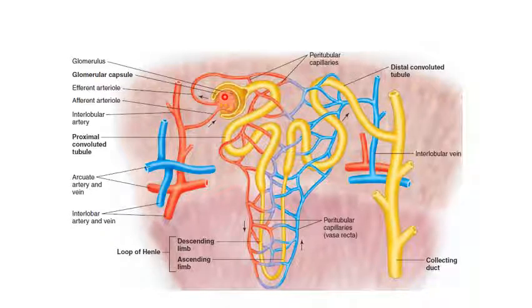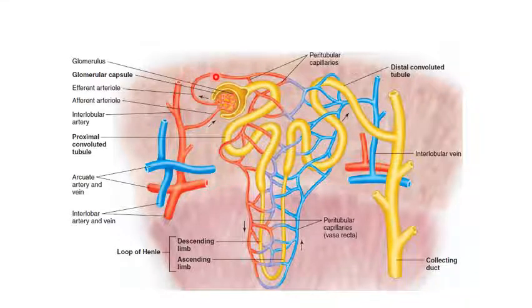Then the blood from these glomerular capillaries, which are a tuft of capillaries or a network of highly convoluted capillaries, drains into efferent arterioles. Efferent arterioles are called arterioles because they give a second network of capillaries. By definition, any arteriole which is present before a capillary is called an arteriole, not a venule.